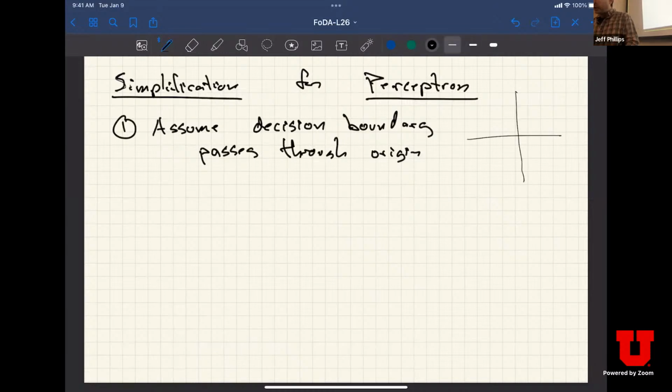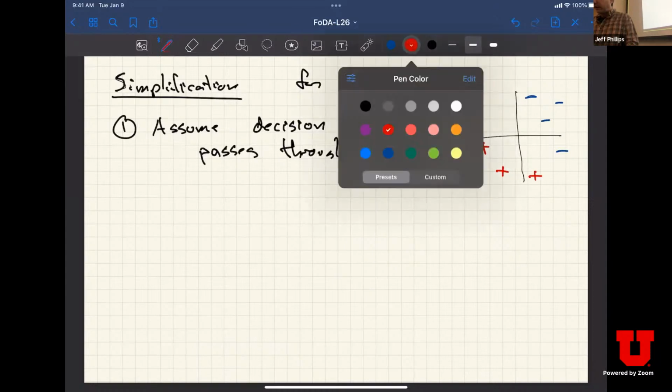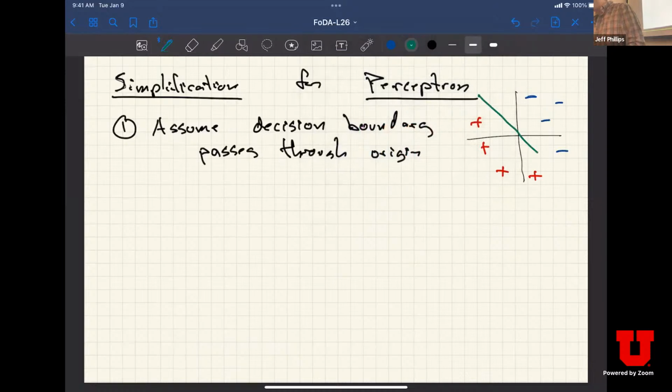It means if you draw a picture and you have minus points over here, and you have plus points over here, we're going to find a decision boundary that passes through the origin. Whatever classifier we learn is going to need to pass through the origin. In this case, it's fine. It can do this. Mathematically, what that means is that the offset value B is going to be 0.